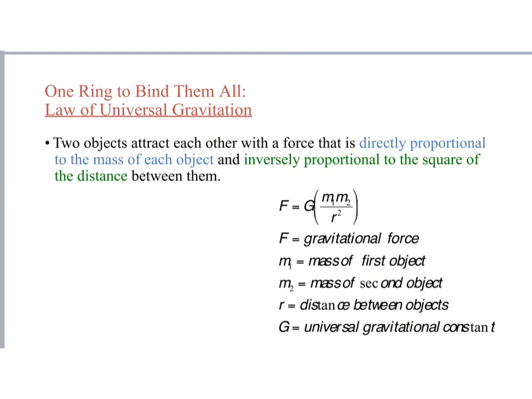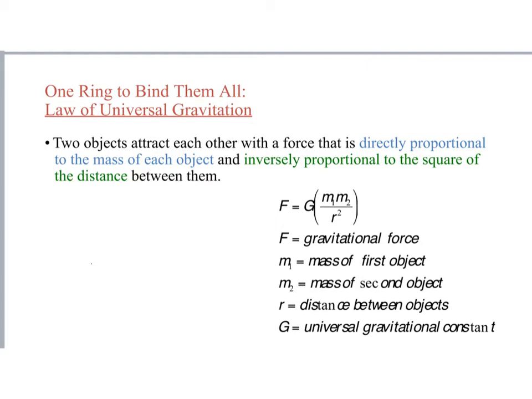Newton figured that out. All right, so here is the force. It's given by the law of universal gravitation, that says two objects attract each other with a force that is directly proportional to the mass of each object and inversely proportional to the square of the distance between them.